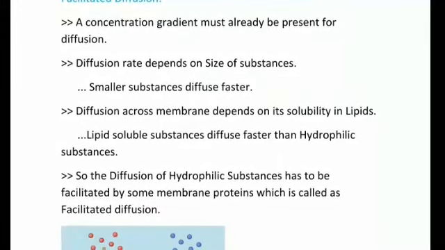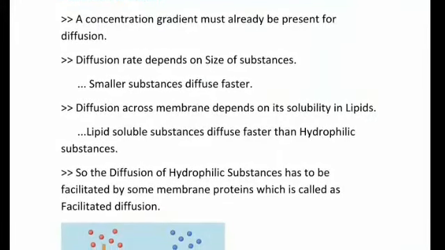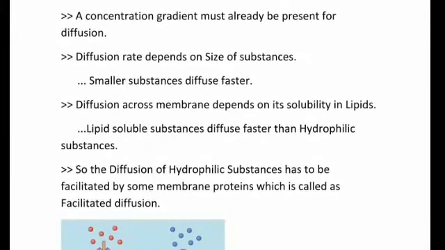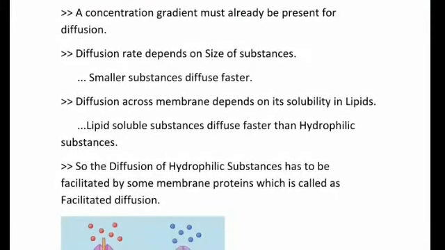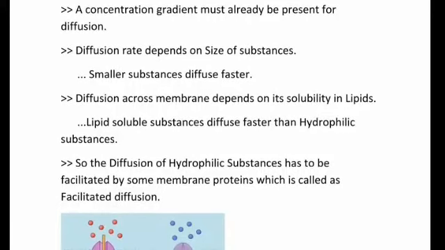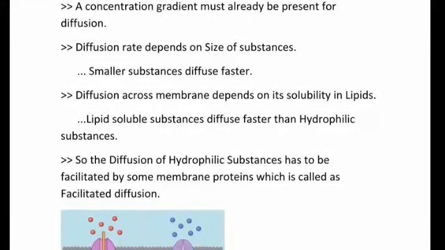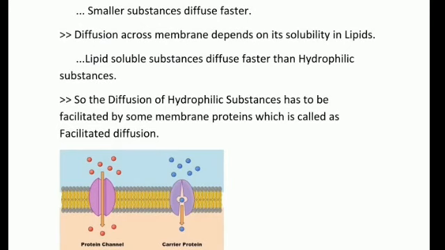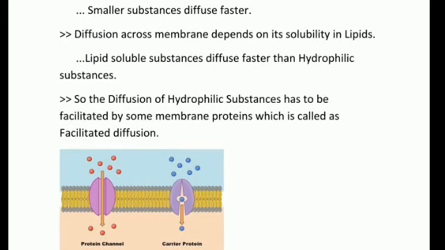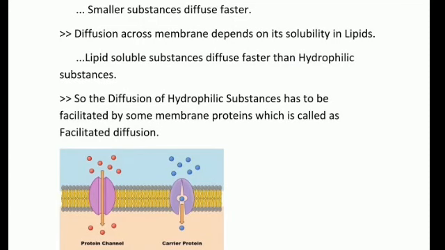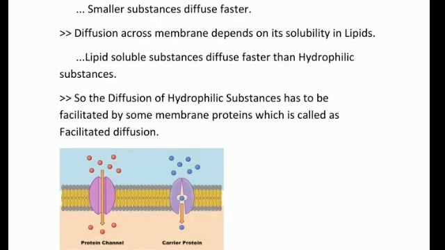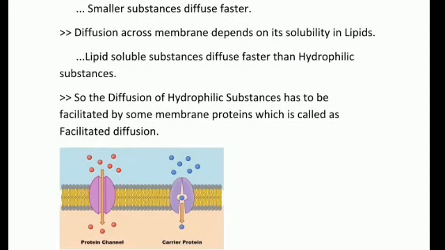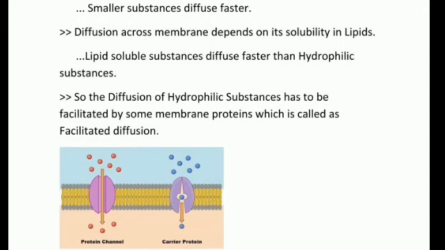The term facilitated diffusion is used here because the diffusion of hydrophilic, or water-loving, substances takes place by the proteins which are present in membranes. That's why the diffusion of hydrophilic substances by proteins is called facilitated diffusion.